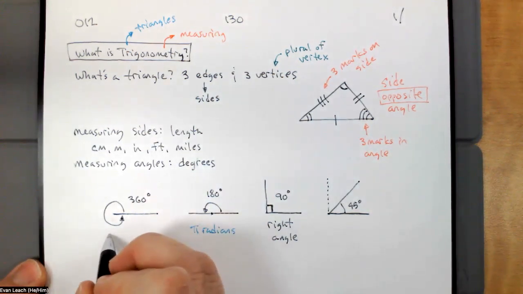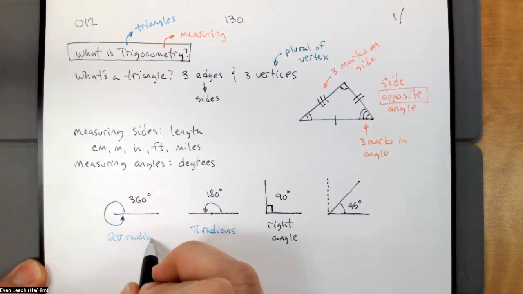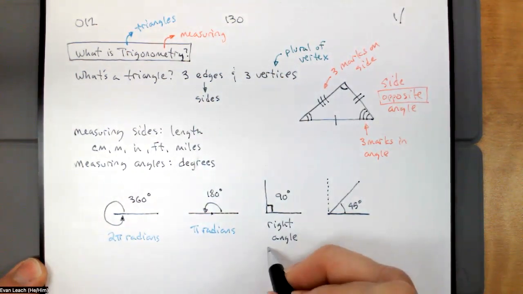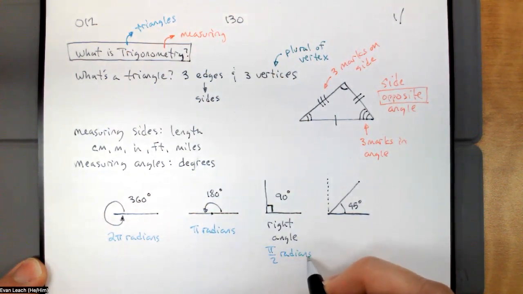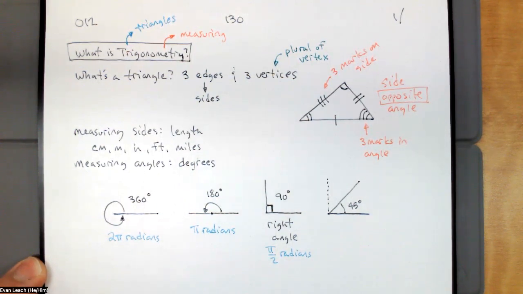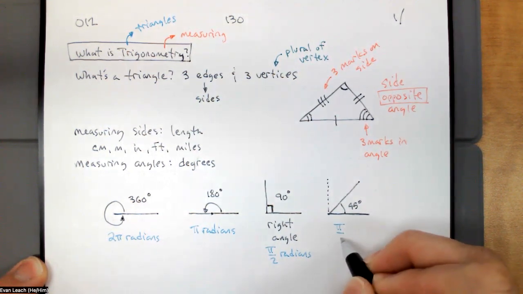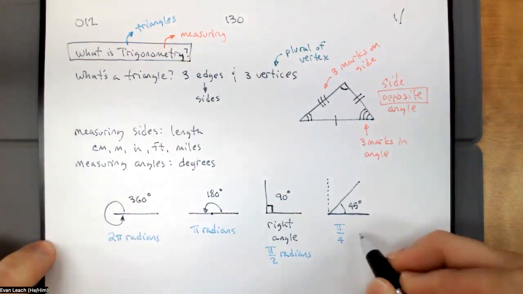So 1 full circle is 2 pi radians. 1/4 of a circle is pi over 2 radians. I'm also making it as bad as possible, emphasizing the 1/4 and the 1/2 and stuff like that. Curse you, ancient Greece. You jerks.